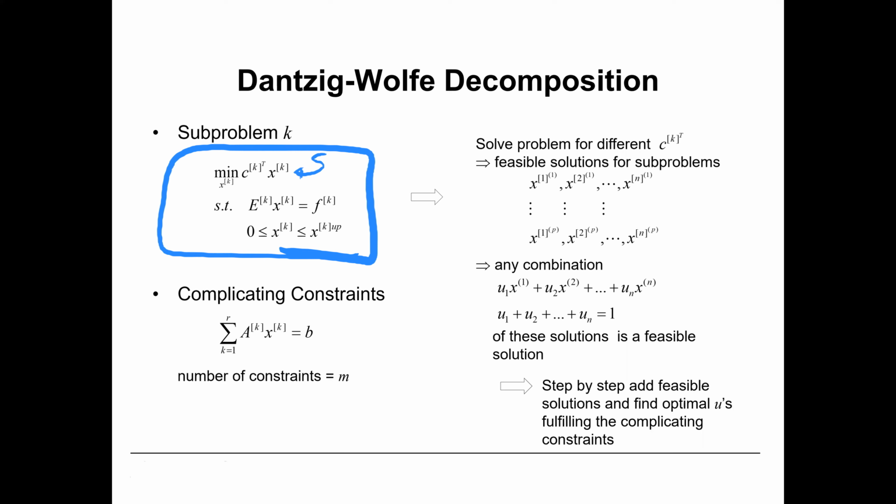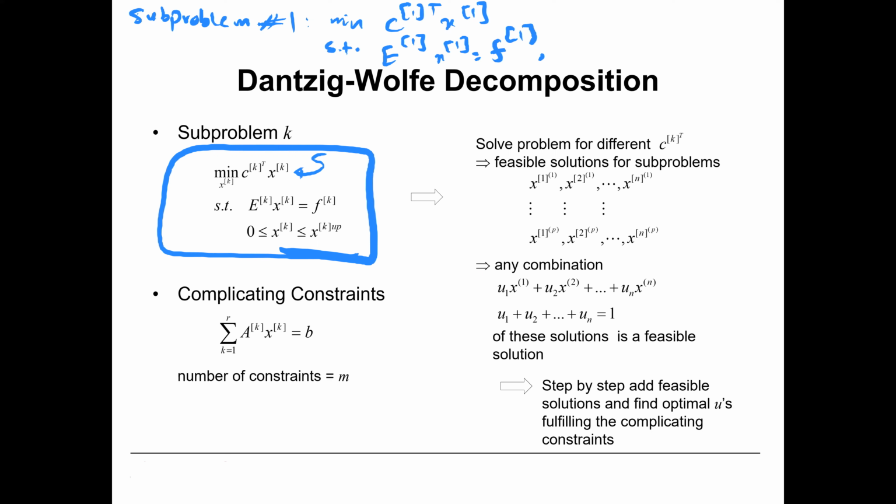For example, for subproblem 1, what we have is minimizing C1 transpose X1 subject to the non-coupling constraint for that specific subproblem, which is E1 X1 is equal to F1, and for the set of variables of that specific subproblem, we want to upper bound these variables.